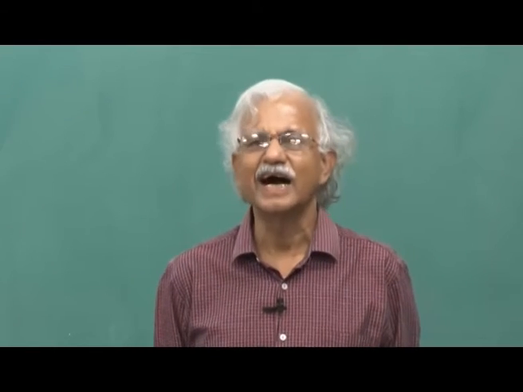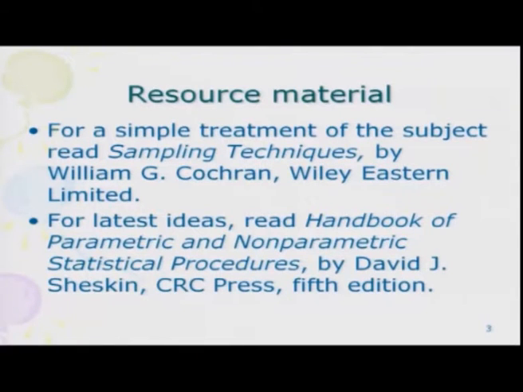And for latest ideas on sampling, sampling theory, sampling error and sample size in experimental studies, surveys, comparative studies, we can also take help of the Handbook of Parametric and Non-Parametric Statistical Procedures by David Sheskin, and I have the CRC Press 5th edition with me.